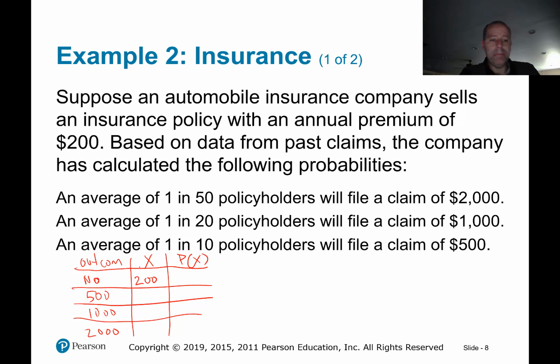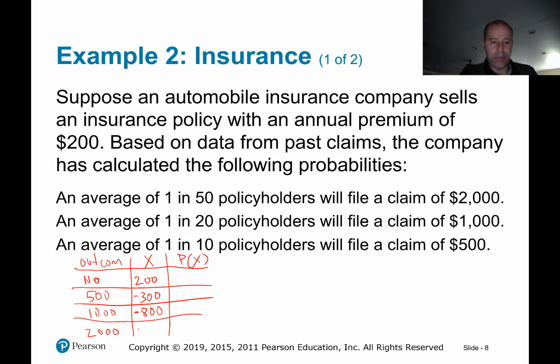If they have a $500 claim, the company had to pay out $500, but they did get that $200 back. So the net gain in that case would be minus $300. For the $1,000 claim, the net gain would be minus $800.